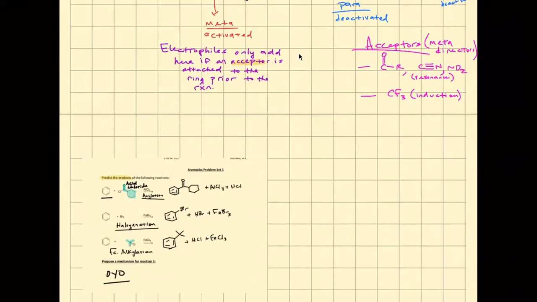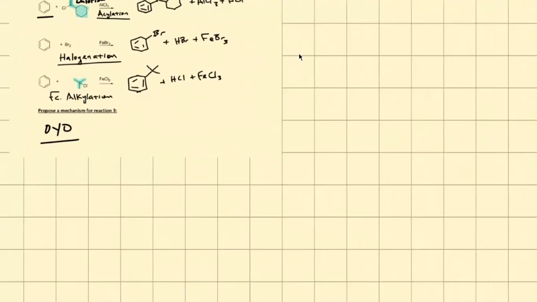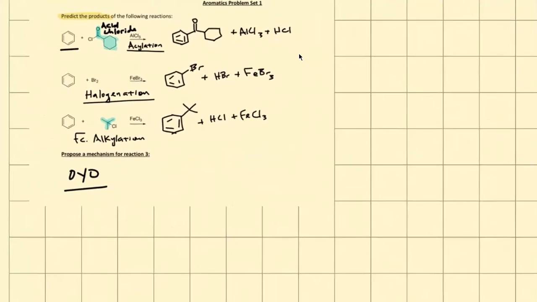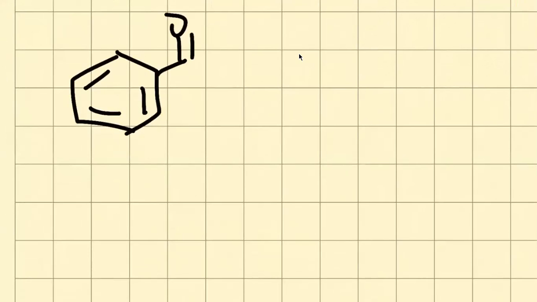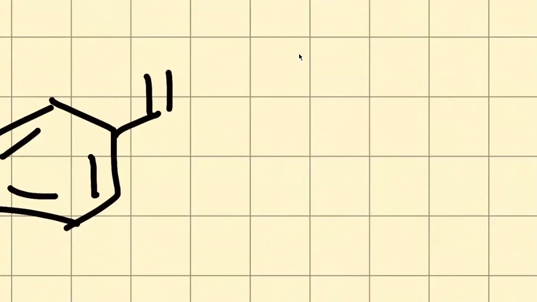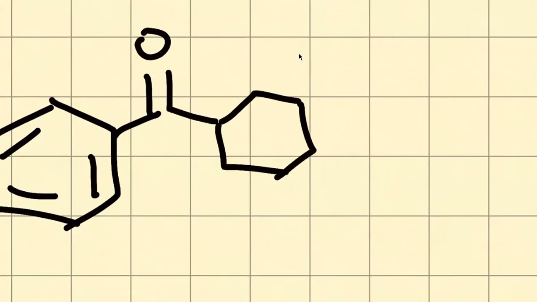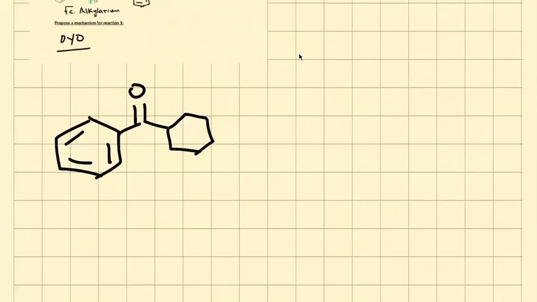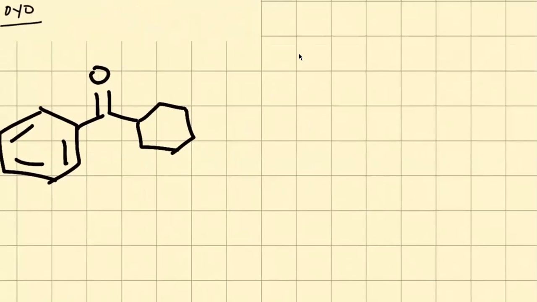All right, let's look at that first example. I'll just redraw it down here. All right, so we're going to take that product and I want to brominate it.